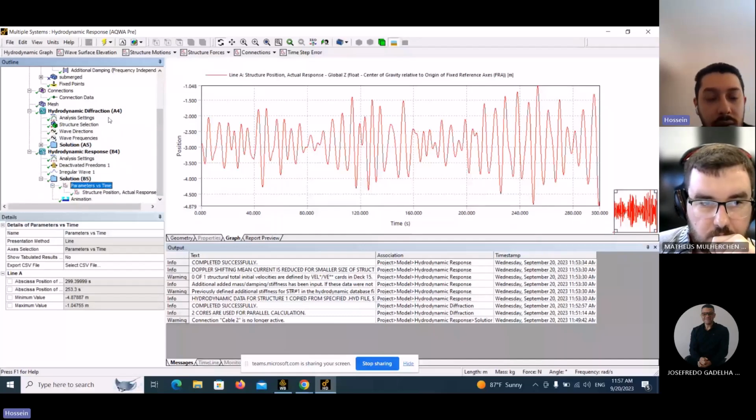After that, you can export the hydrodynamic coefficients like the added mass, wave excitation forces, and the radiation damping parameters into the time domain analysis, which can be done by other programs, like open source codes such as WEC-Sim, that have a lot of features for modeling wave energy converters.